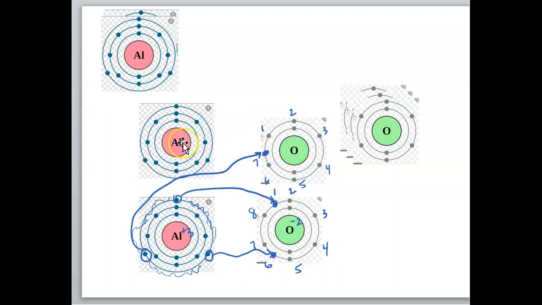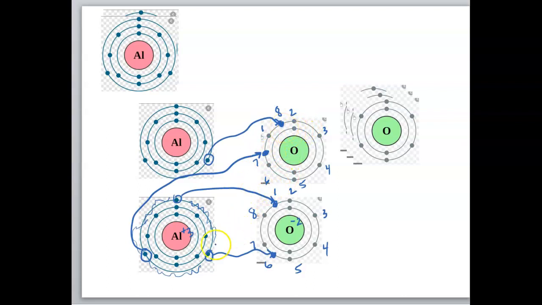So we have this aluminum that can now give electrons to the oxygen, and it does. There we are. So it has given this 1 electron to oxygen. Now this oxygen has the 8th electron that it's looking for.